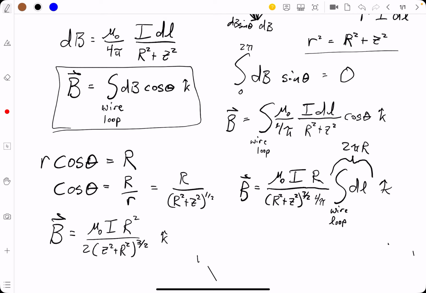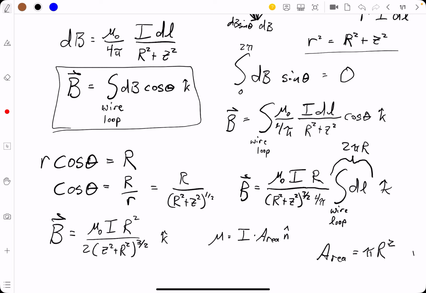All right. Now, earlier we said that mu is equal to our current times the area in the n hat direction. And the area of this thing, everyone should know, is pi big R squared.